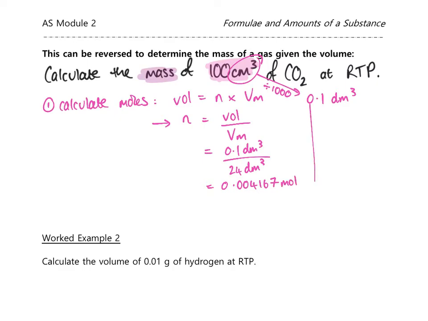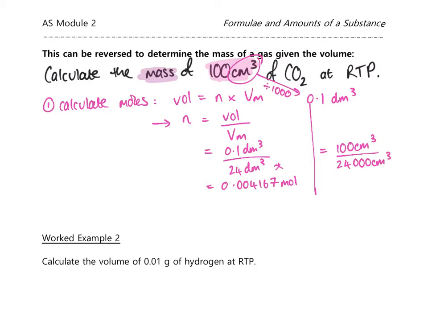The other way that we could do it is to keep it as centimetres cubed. So that would be a volume of 100 centimetres cubed, but dividing by our molar gas volume in centimetres cubed. If our molar gas volume is 24 decimetres cubed, then that is a volume of 24,000 centimetres cubed.